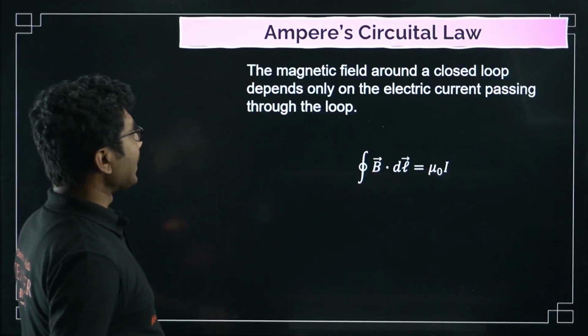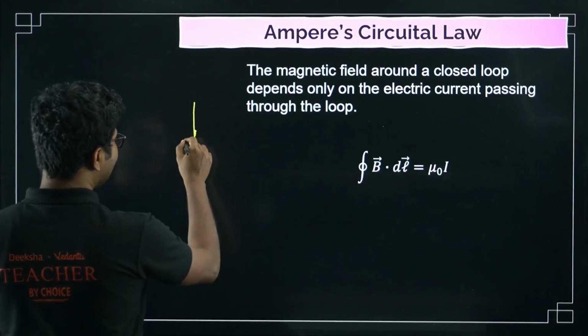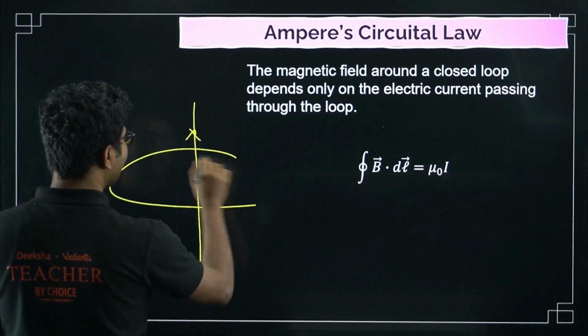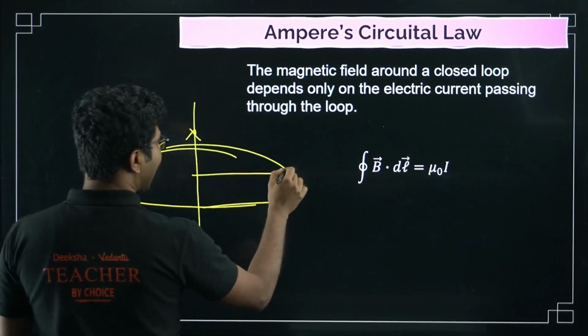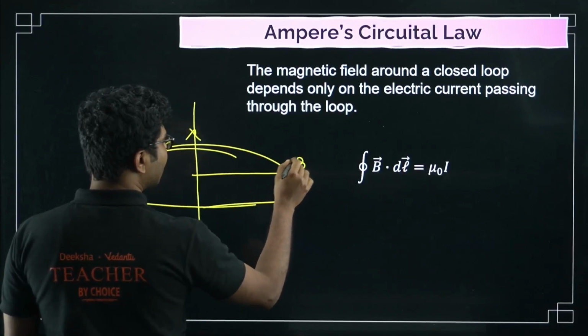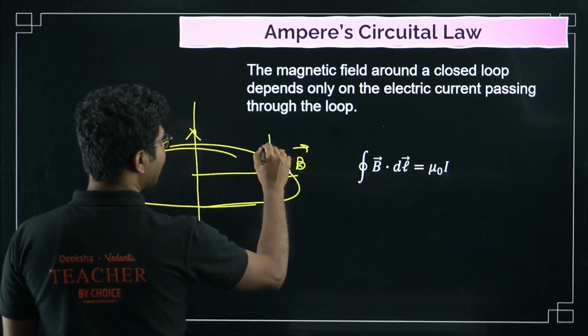Now let's move on to Ampere's circuital law, another easy topic. We have a current carrying wire, any wire, and we consider a closed loop around it. The magnetic field at any point is B, and the current element at this point is dl.